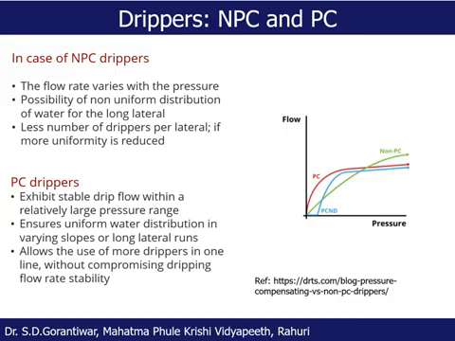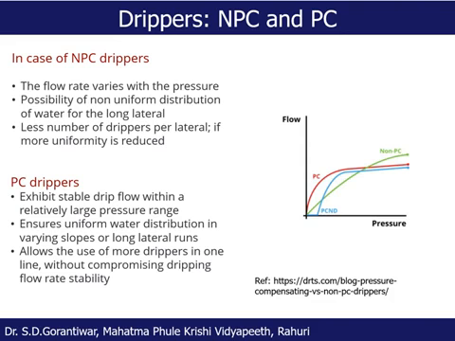Okay, so if we maintain the pressure of 1 kg at the head, or 10 meter, then we may get the rated discharge of 4 liter per hour. But if we go towards the tail, if the pressure is reduced, say to 6 meter or 0.6 kg per centimeter square, then instead of 4 liter per hour, we may get 2 liter per hour. Okay, so this is the characteristic of the non-pressure compensating type of emitter.